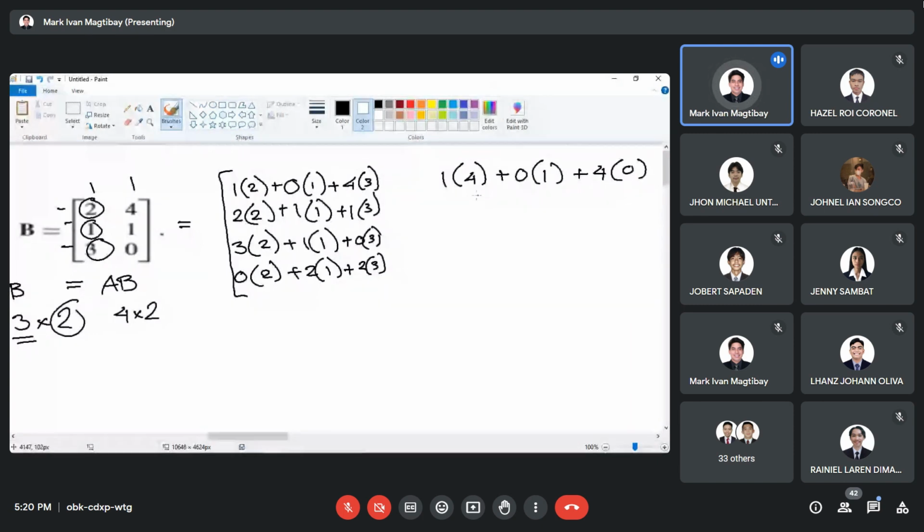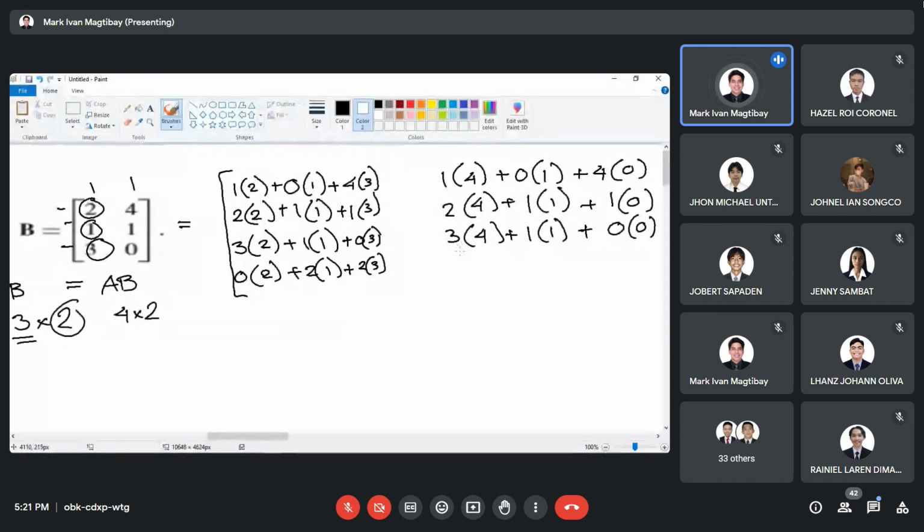Next po, yung second row naman, but second column. Kukunin po natin ang value ng A22 natin. So, 2 times 4 plus 1 times 1 plus 1 times 0 po natin. Okay? Kunin naman po natin yung A23 natin. So, 3 times 4 plus 1 times 1 plus 0 times 0 po.